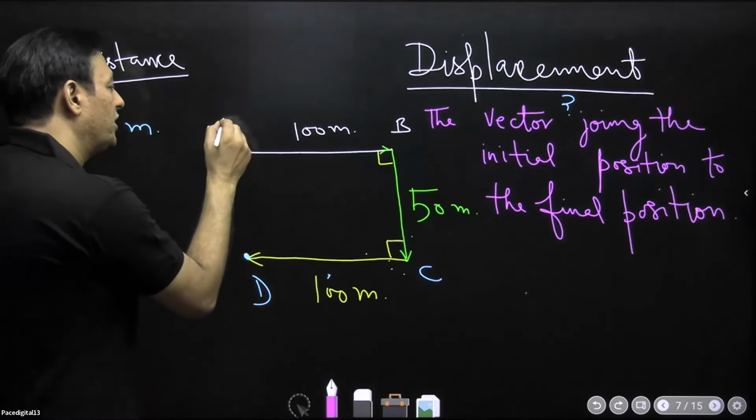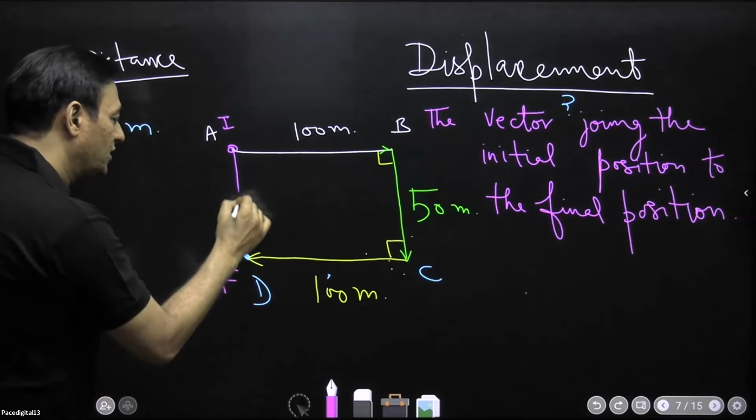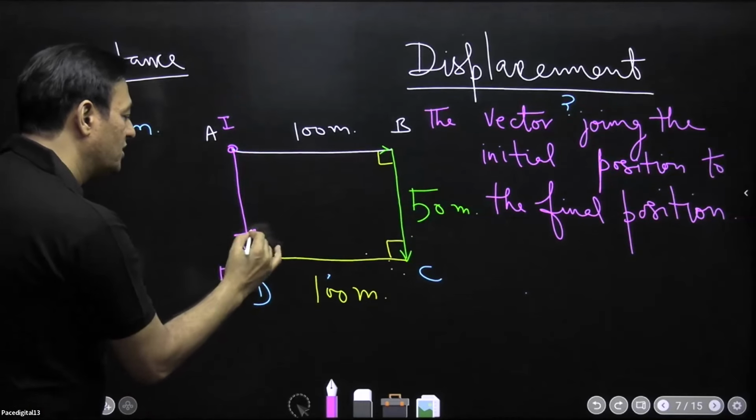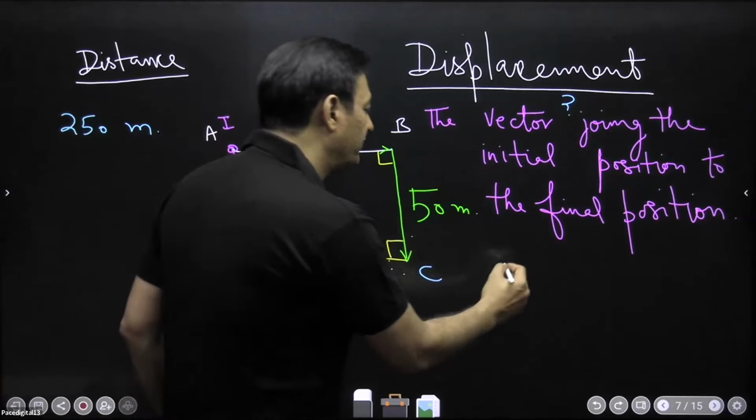The initial position of the body is here, the final is here. The vector joining the initial position to the final position is this vector, and the magnitude is definitely 50 meters.